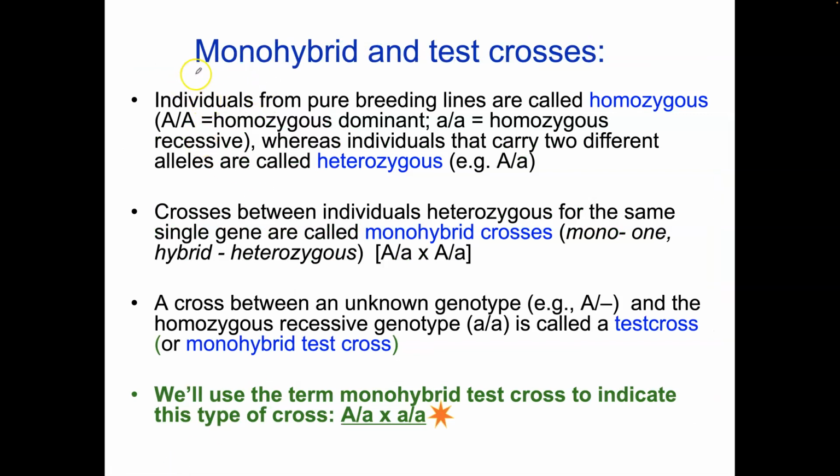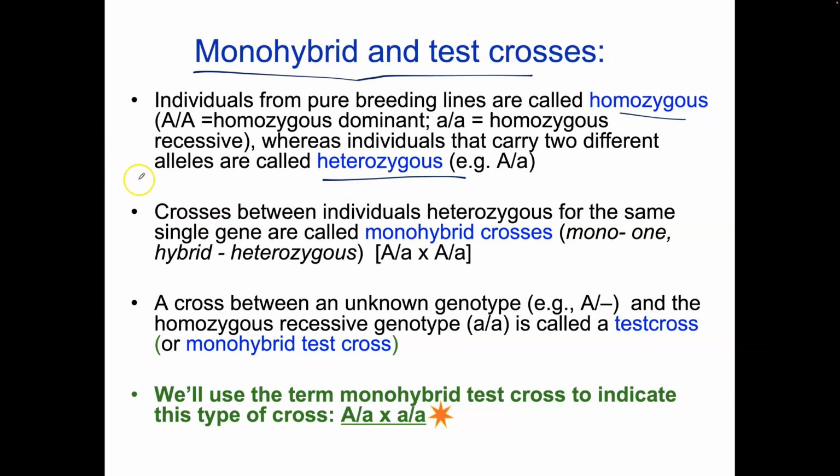Okay, monohybrid and test crosses. This is just terminology. Individuals from pure breeding lines are homozygous, and individuals that carry two different alleles are called heterozygotes, right?